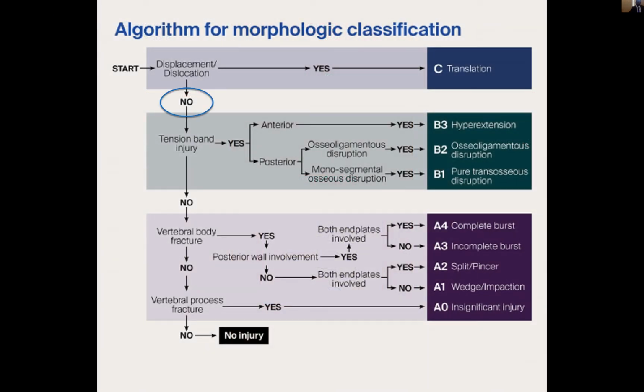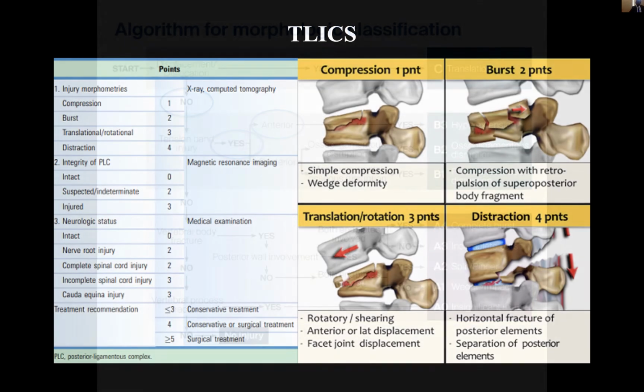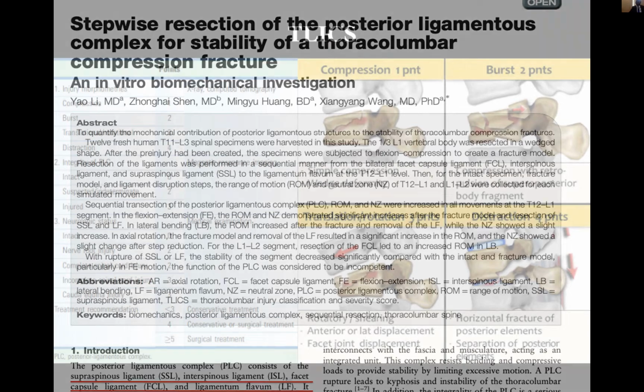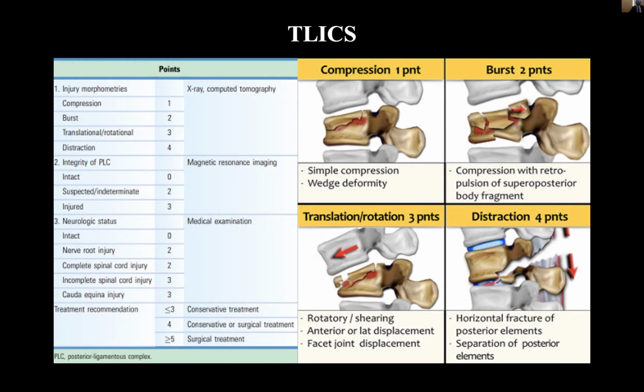The TLICS classification is a good classification system because it says whether you have to operate on that patient or not. So these three subtitles are very important. You again choose from the application, and in just a few minutes you will learn if the patient needs surgery or not.